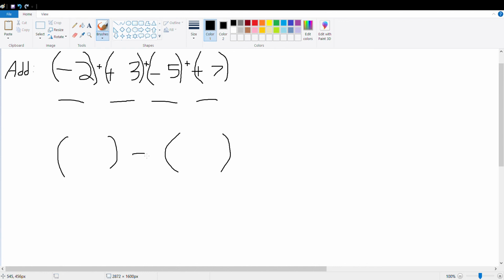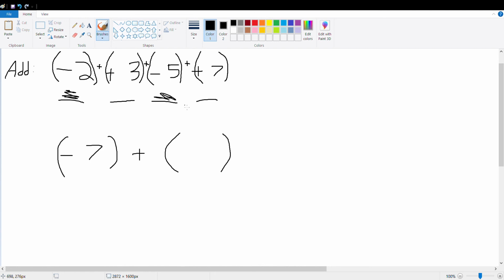And then add those two numbers to get an answer if you want to draw less things out. To do that, we would go through with our negative numbers first. We would say negative 2 plus negative 5, obviously is negative because they're the same sign, and 2 plus 5 is 7.